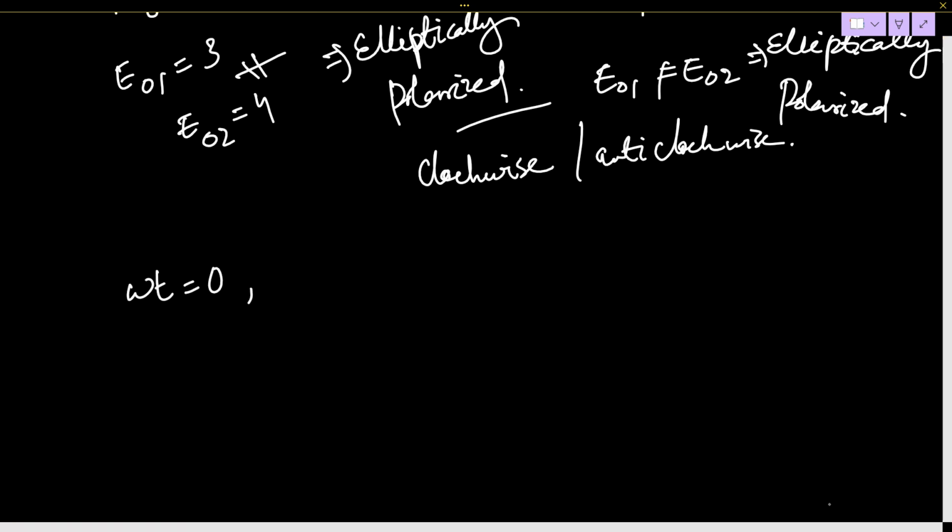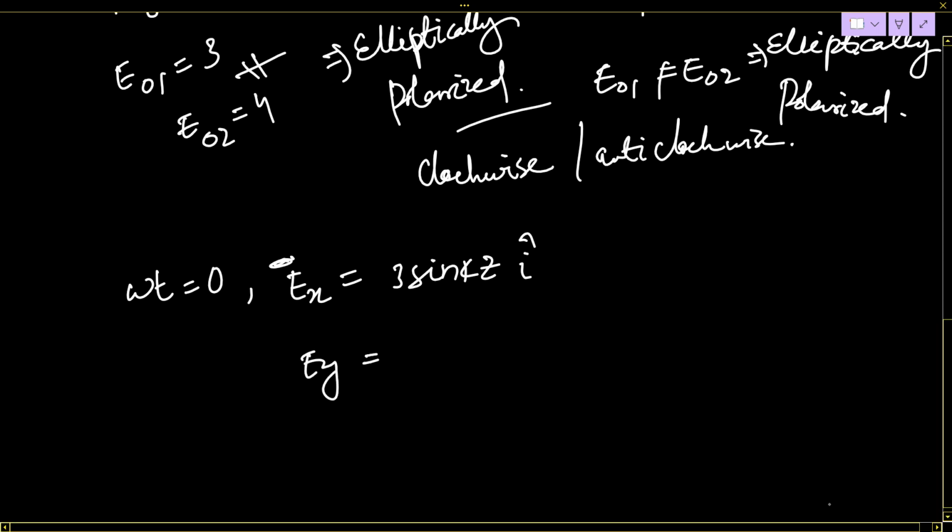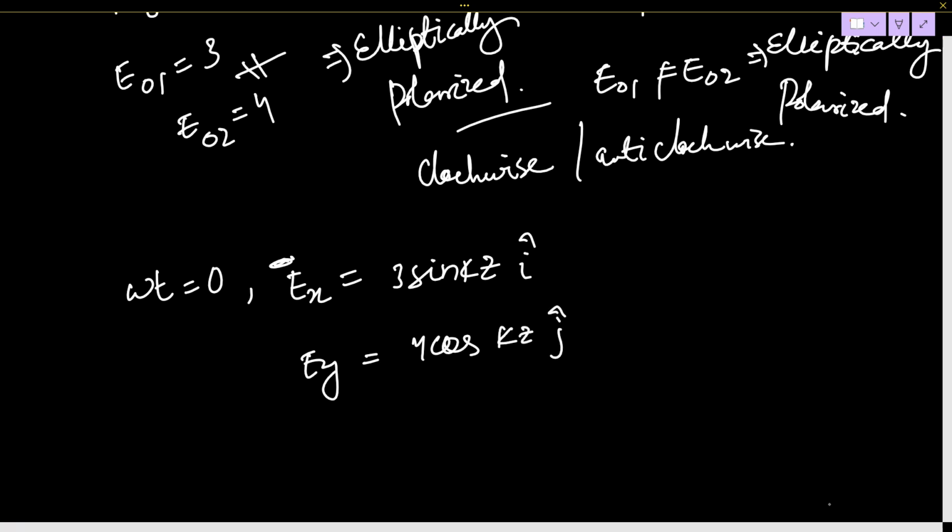The x component will be 3 sin(kz) x cap, and Ey will be 4 cos(kz) y cap. Now z is also 0, so Ex will be 0. Ey will be 4 y cap.